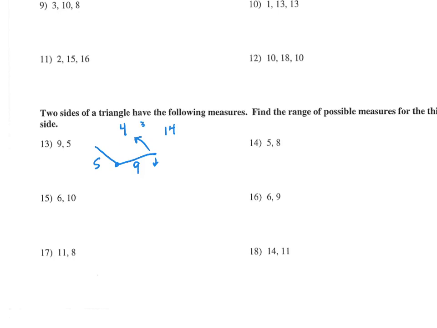So the third side has to be bigger than 4, but smaller than 14. Again, the quick way is you just go 5 plus 8 is 13. That's the big side. 8 minus 5 equals 3. That's the small side. The third side has to be between 3 and 13. And you can use an x there if you want. All right, quick Triangle Inequality Theorem.